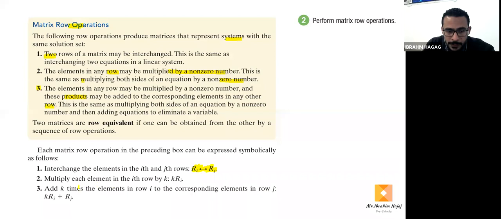You have to write this next to each operation you do. You can add k times a row, like 3R1 plus R3. I will multiply the first row by 3 and then add the result to row 3.